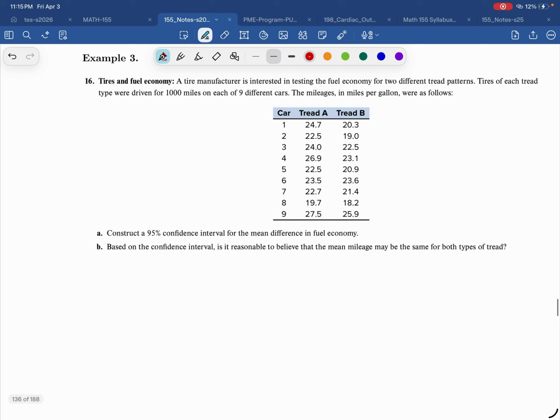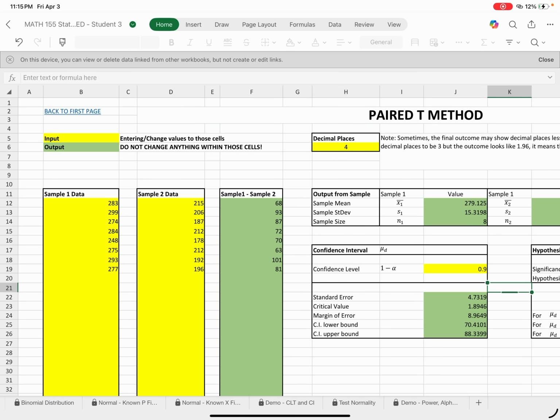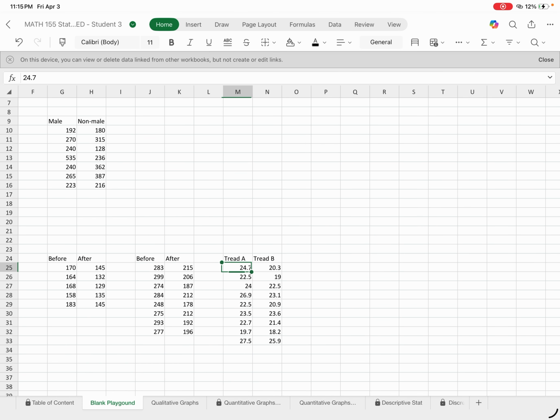Okay, let's do one more example. All right, you can pause and read that. Construct a 95% confidence interval. Well, we're just gonna go ahead and copy paste our data.